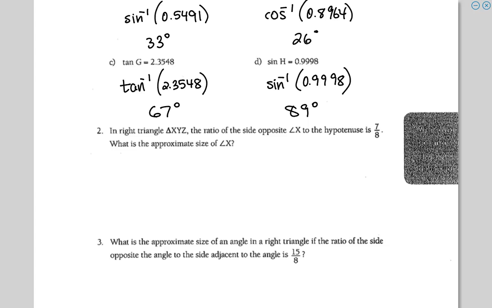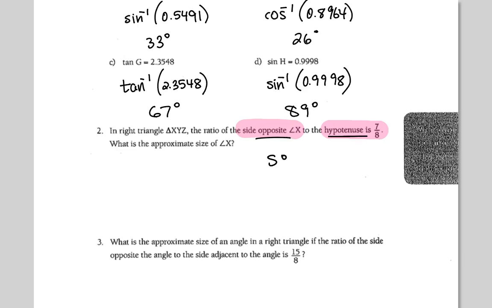Alright. In a right triangle XYZ, the ratio of the side opposite x to the hypotenuse is 7/8. What is the approximate size of angle x? So an easy way to solve this question is to use the keywords that they've given us. They've given us opposite and hypotenuse.